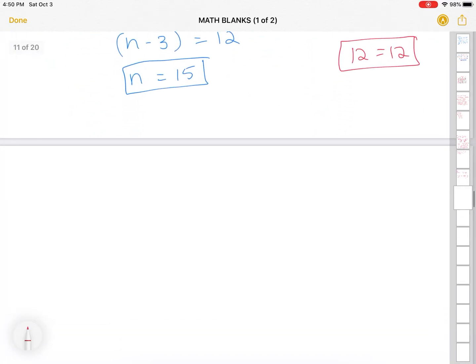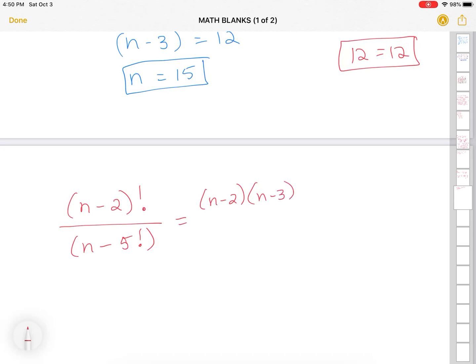So if you have something that is written as, say, n minus 2 factorial over n minus 5 factorial, well, I can expand n minus 2 factorial to n minus 2 times n minus 3 times n minus 5 factorial.